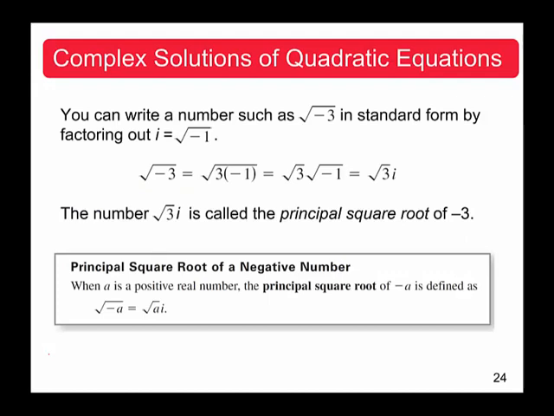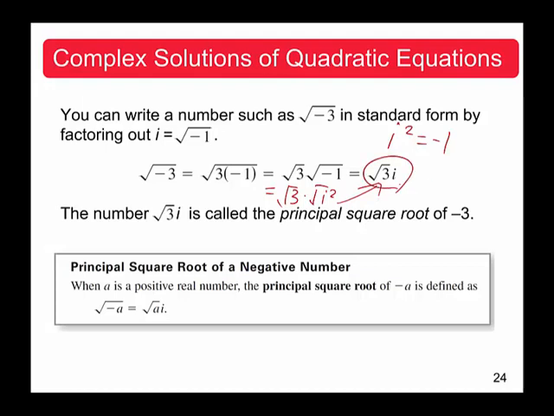Remember, previously we had radical -3, since i squared equals -1. So this should turn into radical 3 times -1, and radical 3 remains as it is. -1 becomes i squared. That's why we end up with the answer radical 3 i.